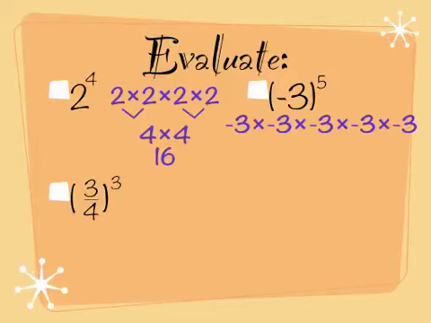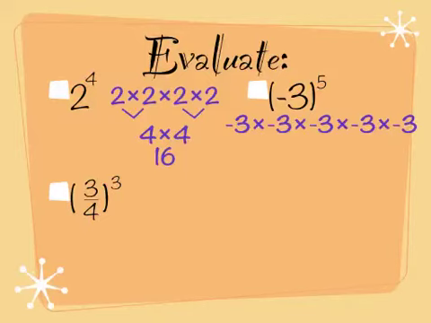If the negative 3 was not in parentheses, I would bring down 1 negative sign and then just 5 3's. Because the negative is in parentheses, I repeat. If the negative was not in parentheses, I would bring down 1 and only repeat the number.